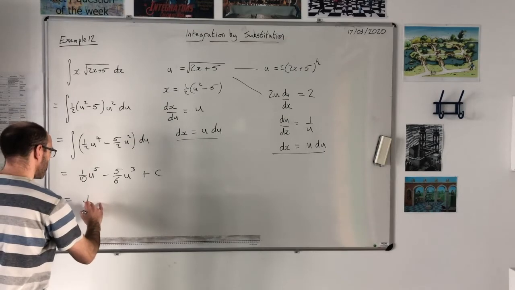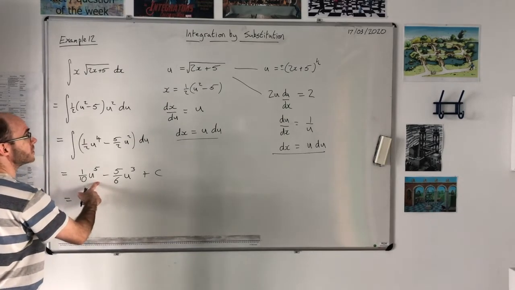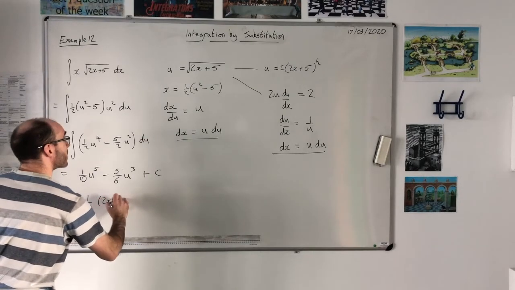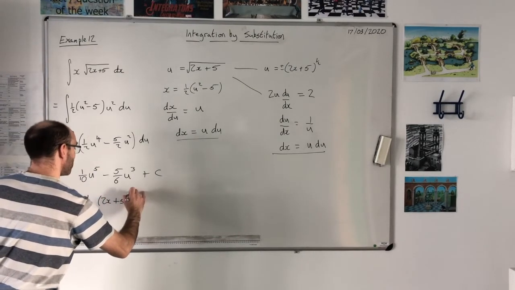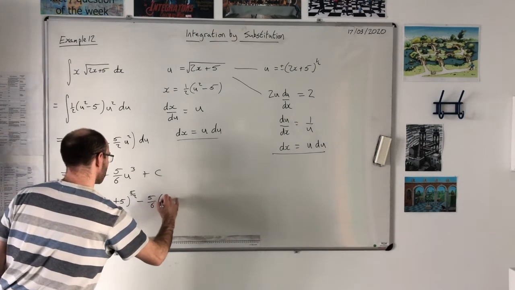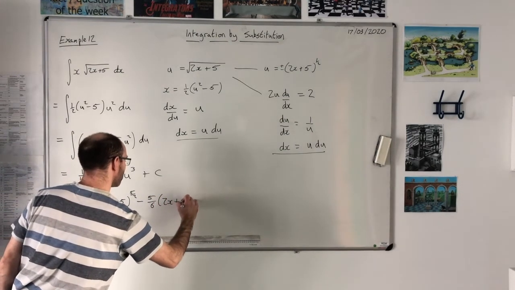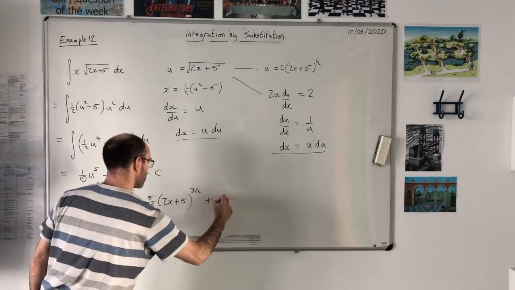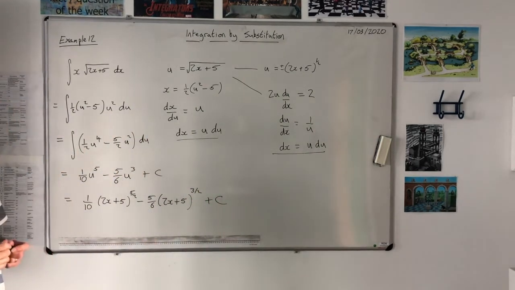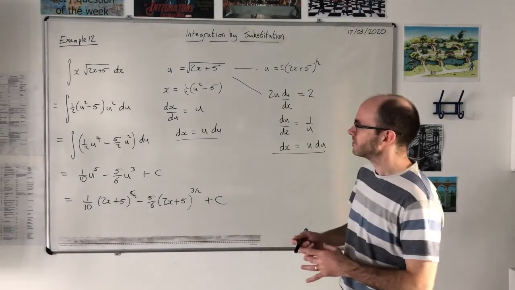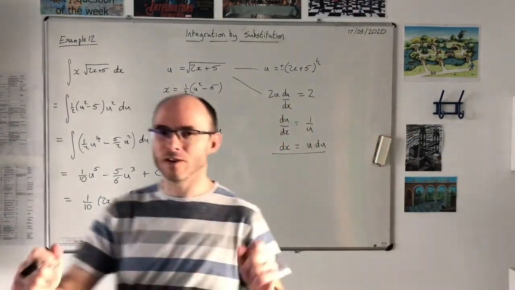So 1/10 u to the 5 is (2x plus 5) to the power of 5 over 2, subtract 5 over 6 (2x plus 5) to the power of 3 over 2, plus c. And you should, of course, get exactly the same answer, which indeed we do. I'll stop it and I'll do a separate video for the next example.